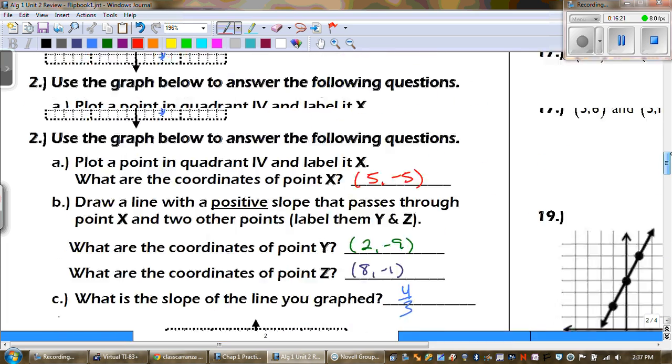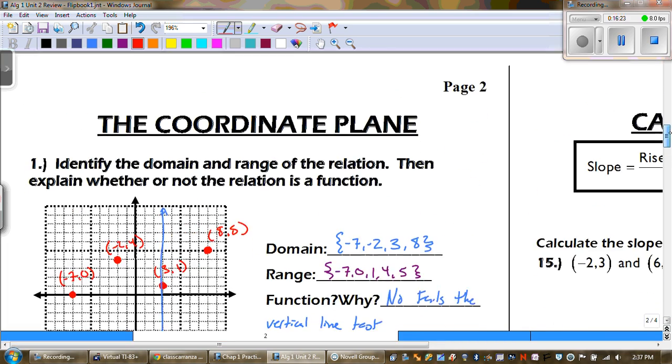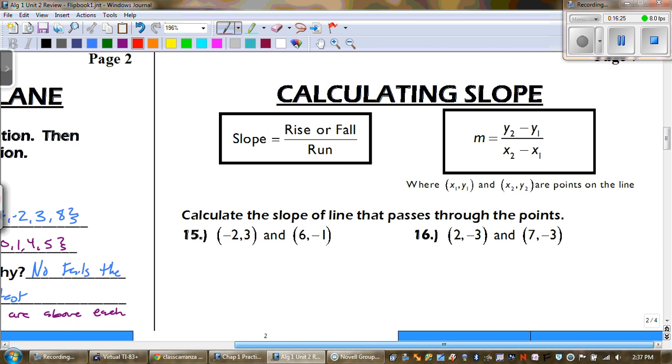And now the last thing we have to do is page number 7, calculating slope and y-intercept. Okay, I gotta find mine. There it is. Now, key thing, y2 minus y1 over x2 minus x1. And you can kind of see the little points like that.